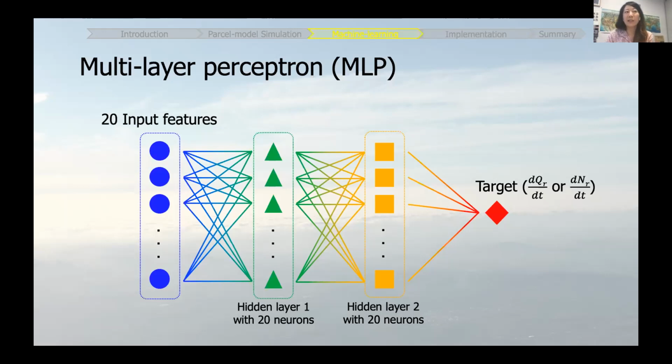So I know this sounds maybe unclear, but you can think of neurons as just values.